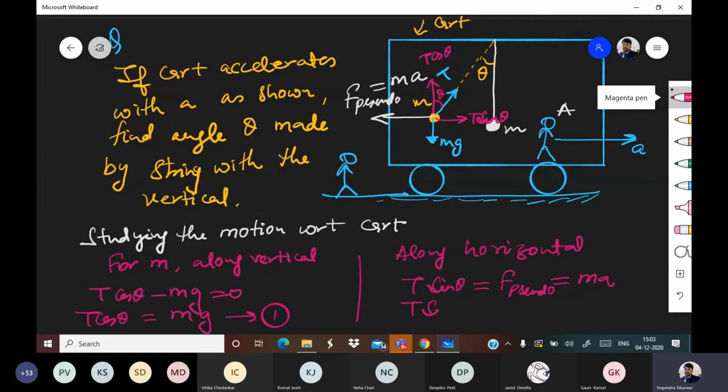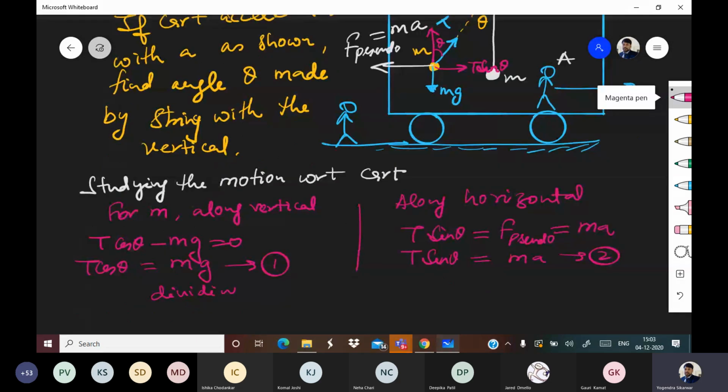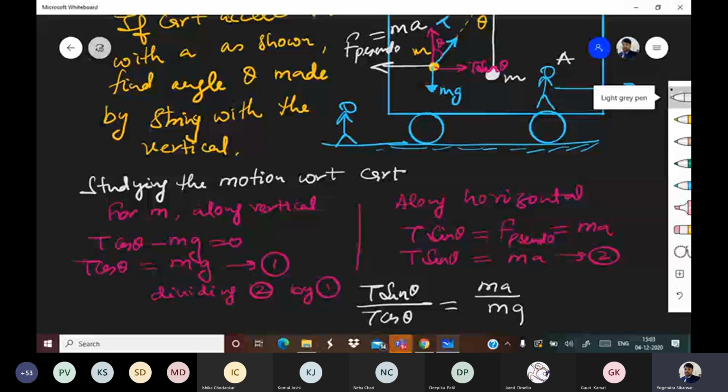Dividing 2 by 1, T sin theta upon T cos theta is equal to ma upon mg.